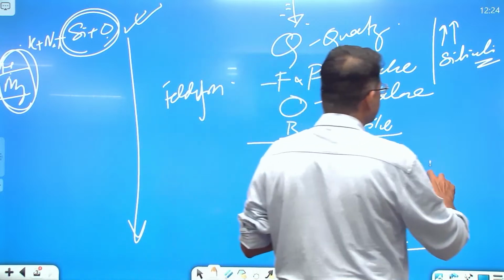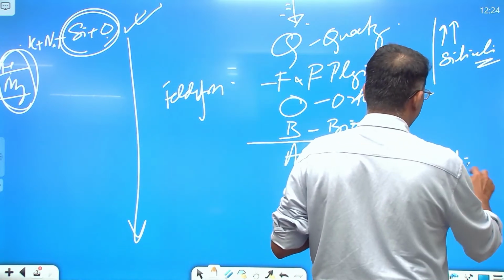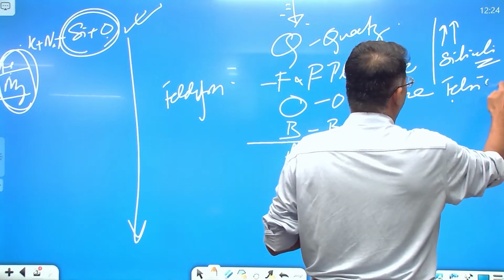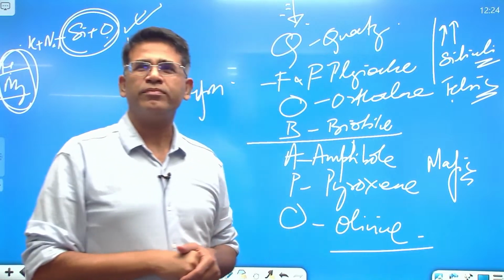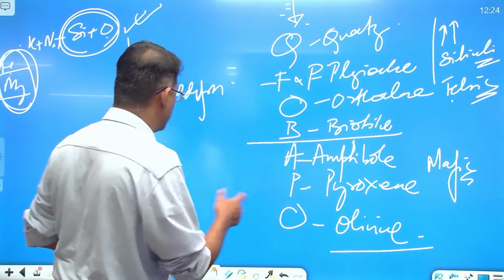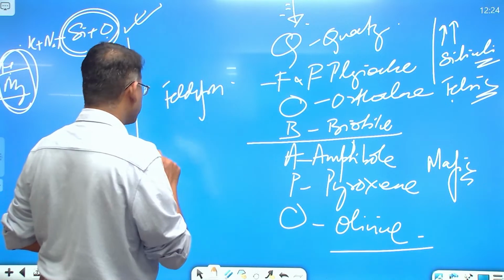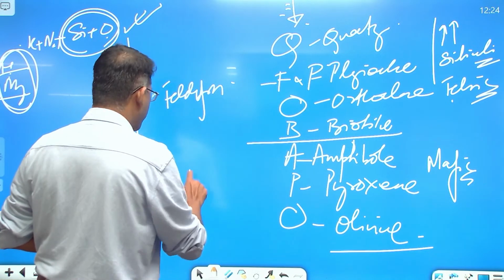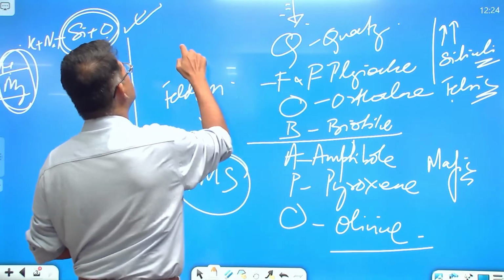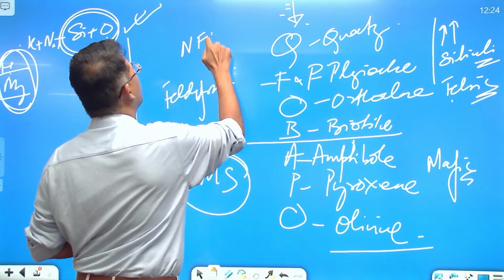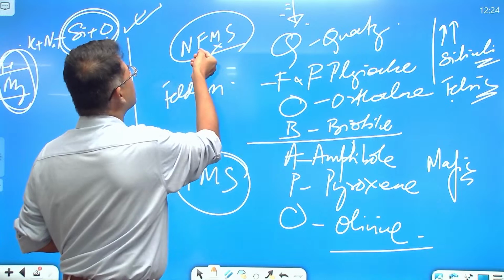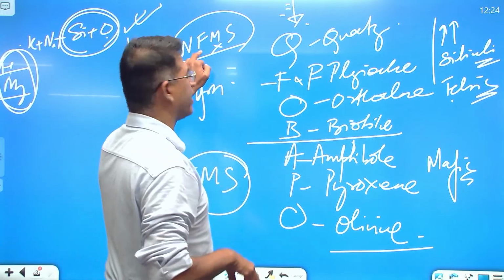We call these mafic and ultramafic, and we call these felsic. There is one more term also. For these minerals, we also use the term ferromagnesium silicates. And we call these non-ferromagnesium silicates. They will not have magnesium and they might have a very small amount of iron.